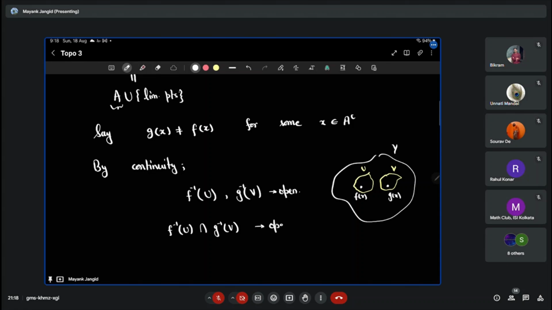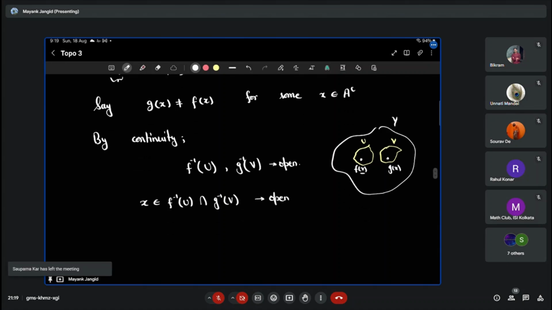This is also open, and x is contained in both of them because f of x lies in U and g of x lies in V.